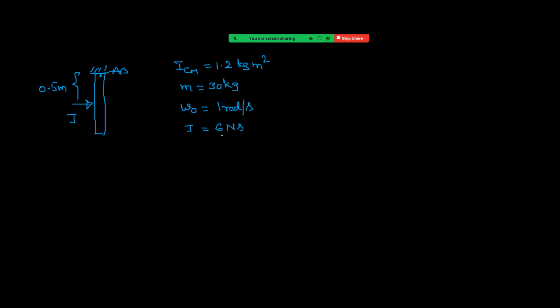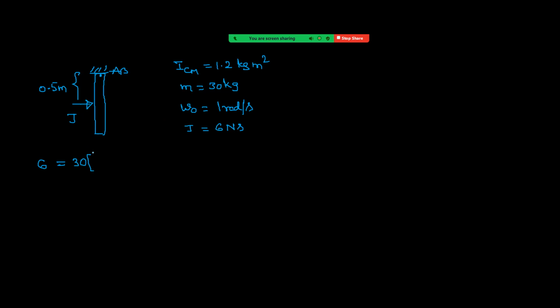This is the given data. Now see what we are doing. This is now the net impulse, which is equal to the change in momentum, that is m into the velocity, and the distance given is 0.5.